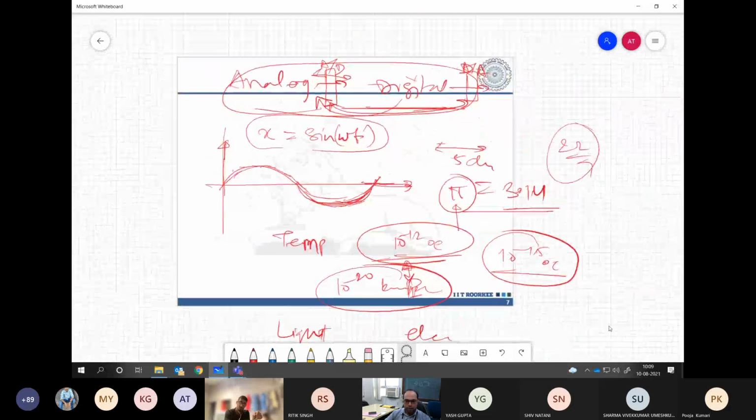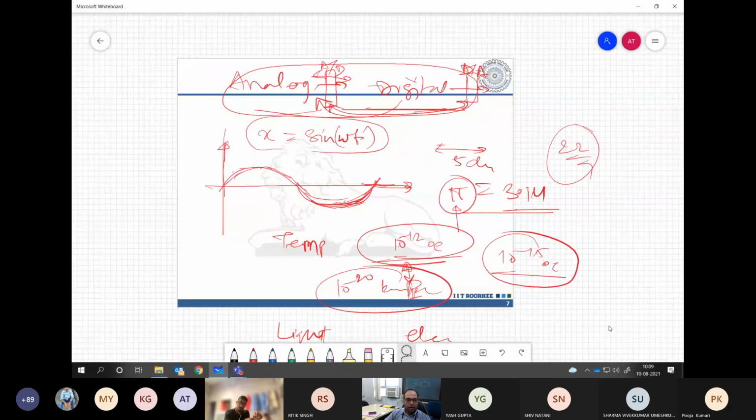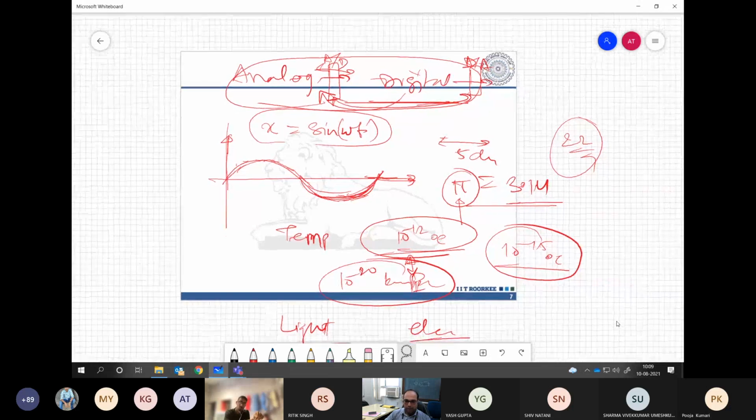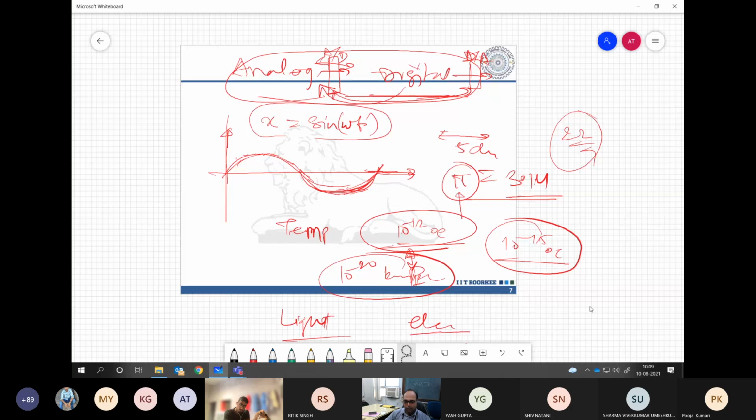Now, of course, all this is what we perceive. It's not an absolute thing that we have analog or we have digital. We cannot have a perfectly continuous signal, let's say x equal to sine omega t. Still, there are theoretically infinite points, but we cannot have all those points when we are writing it down in a table or using it somewhere.